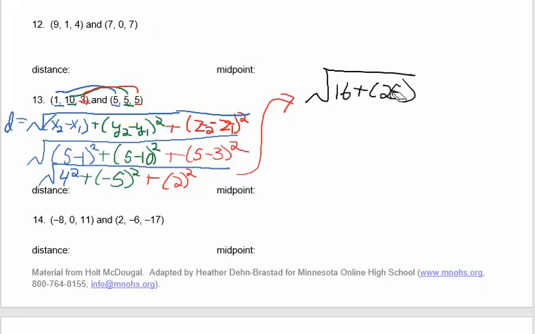Now, if you're doing this on your calculator and it keeps telling you that it's negative 25, then you're not using the parentheses. In your calculator, if you want to square this and get the right answer, you have to use parentheses. And then 2 squared is 4.